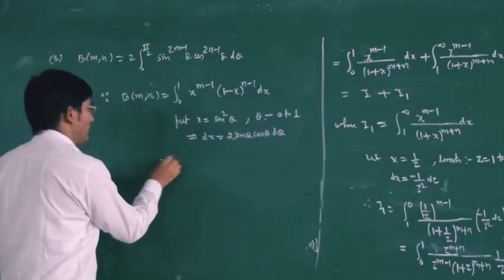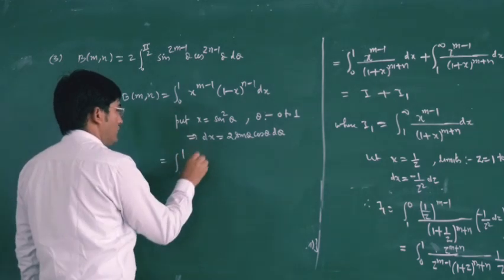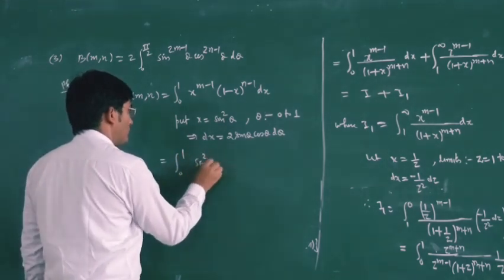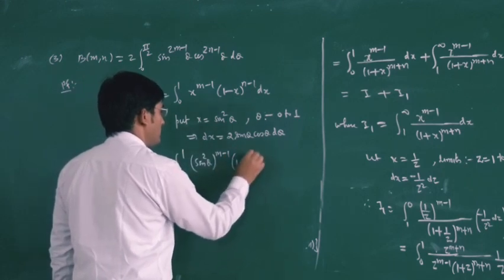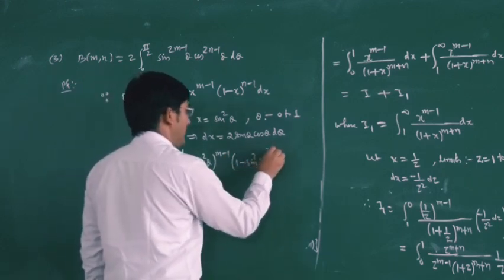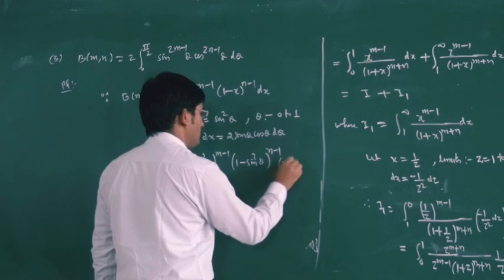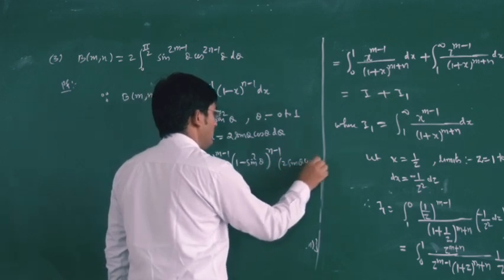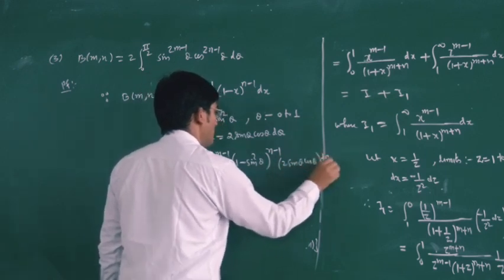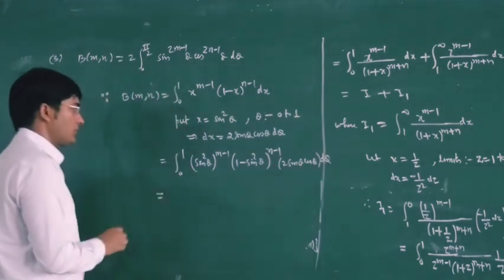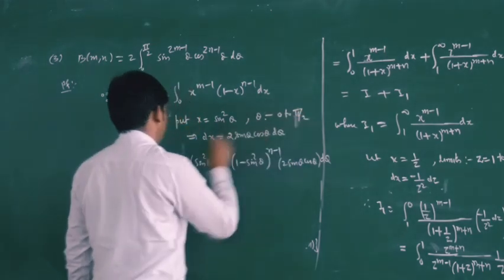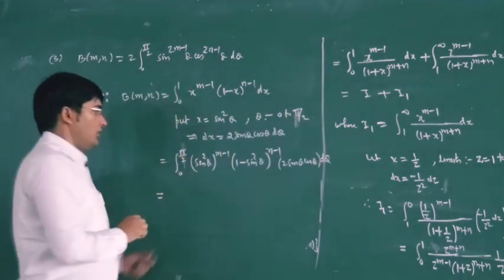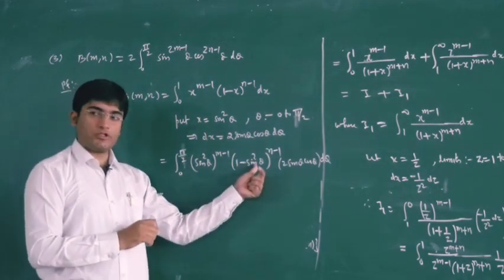So this is equal to integral 0 to 1, your x is sin square theta, so we have sin square power m minus 1, 1 minus sin square, then power n minus 1, into 2 sin theta cos theta, and then d theta. So this is equal to, the limits are from 0 to pi by 2, not 1. Okay. 1 minus sin square is cos square.